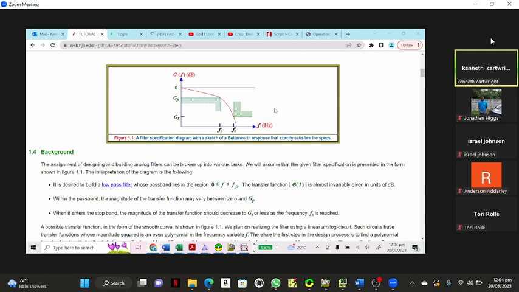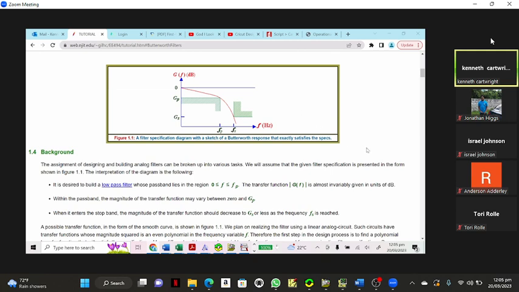Between FP and FS is called the transition band, because we're not stopping frequencies, we're not passing frequencies. So that's a transition band between the pass band and the stop band.